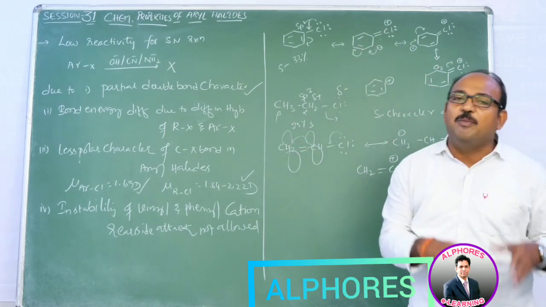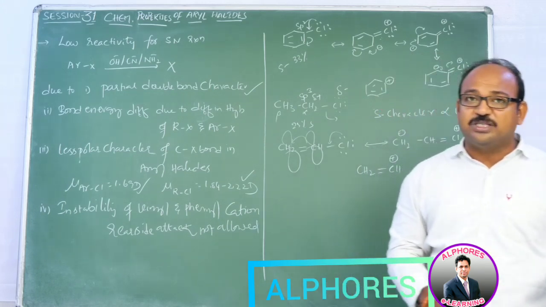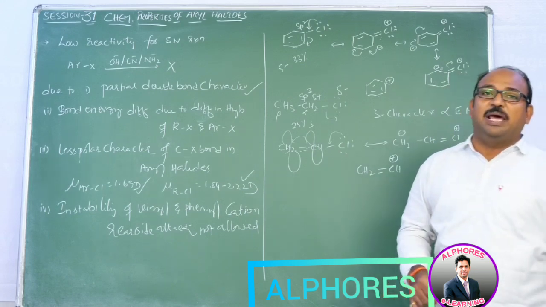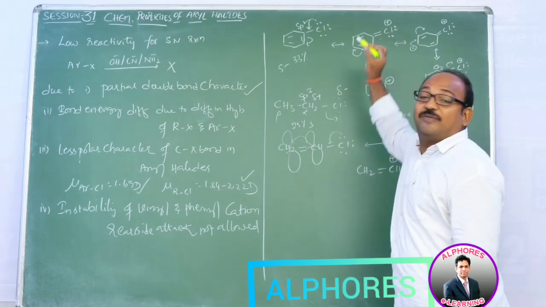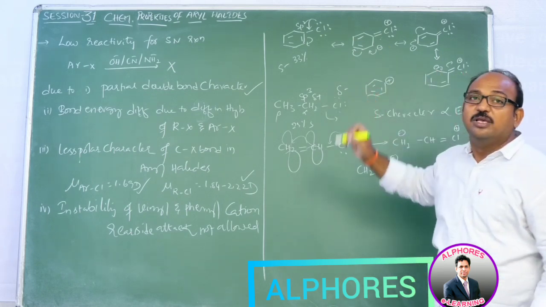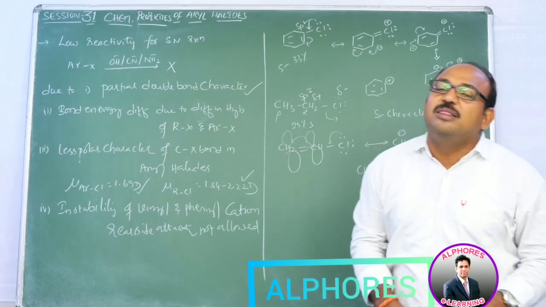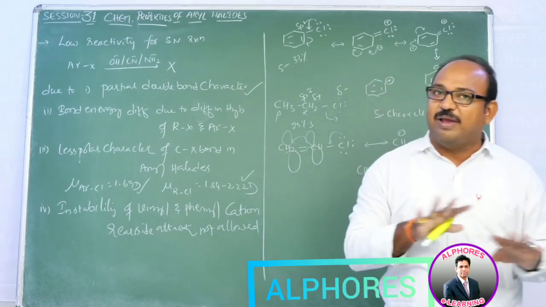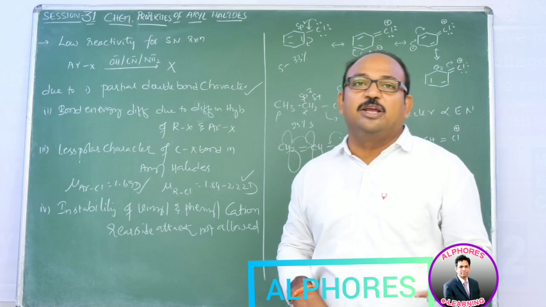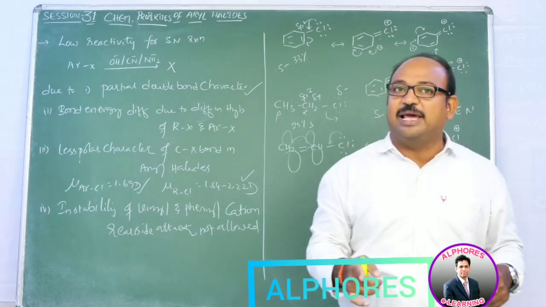So for that, I am going to introduce a strong electron withdrawing group. In which position? Either in ortho or para. Because whenever this chlorine is giving its electron pair, that negative charge appears in ortho and para positions only. So whenever we keep a strong electron withdrawing group there, this chlorine does not behave as an electron donating group. It does not show its plus M character.